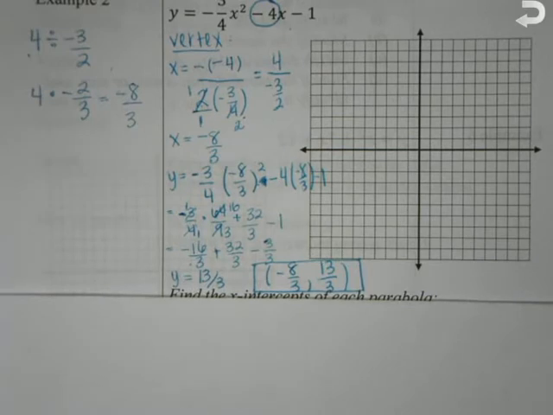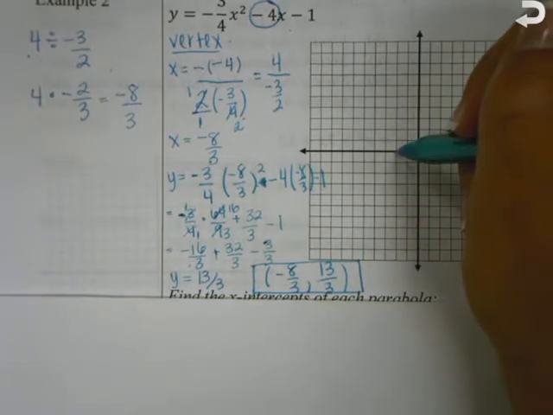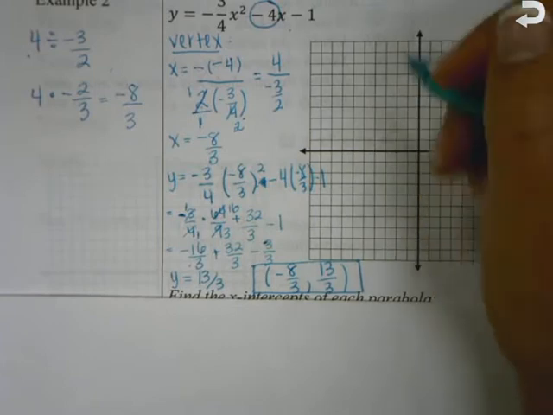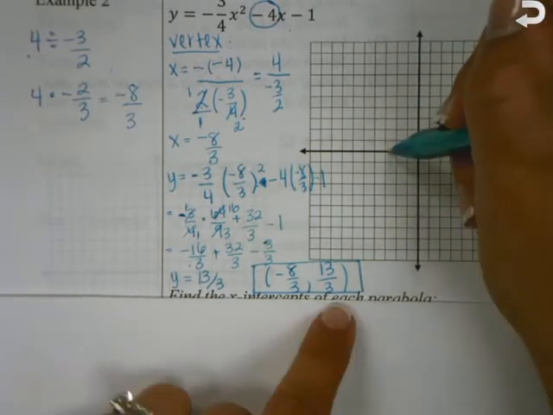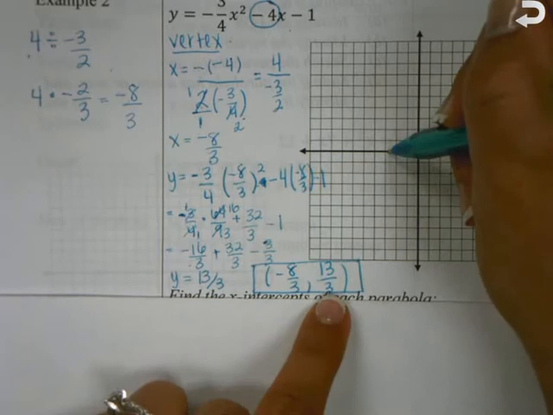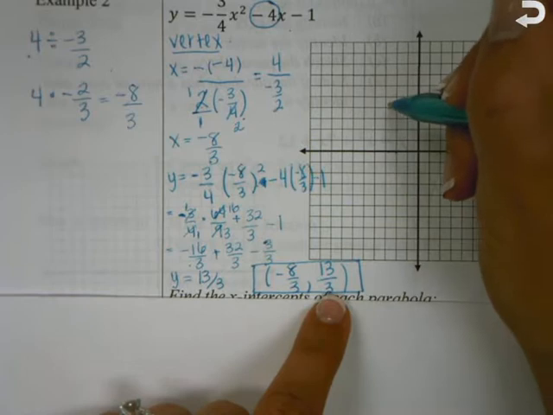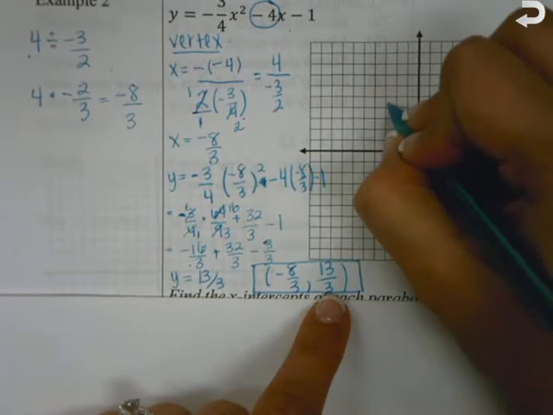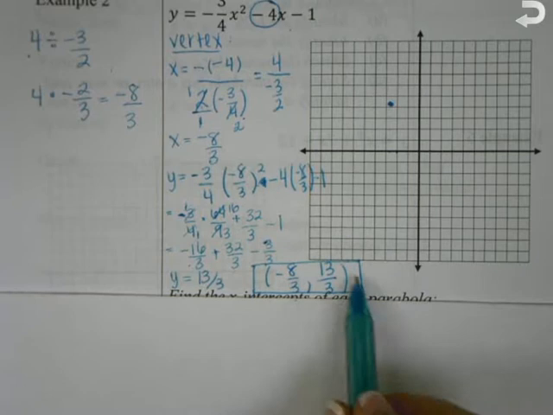And then positive 13/3. 3 goes into 13 4 times. 1, 2, 3, 4. So it's somewhere right here. All I did to graph these things, because they're improper fractions, was change them to mixed numbers. So this is the same as -2 2/3 and positive 4 1/3. So I graphed that. You can change it to a mixed number to graph.